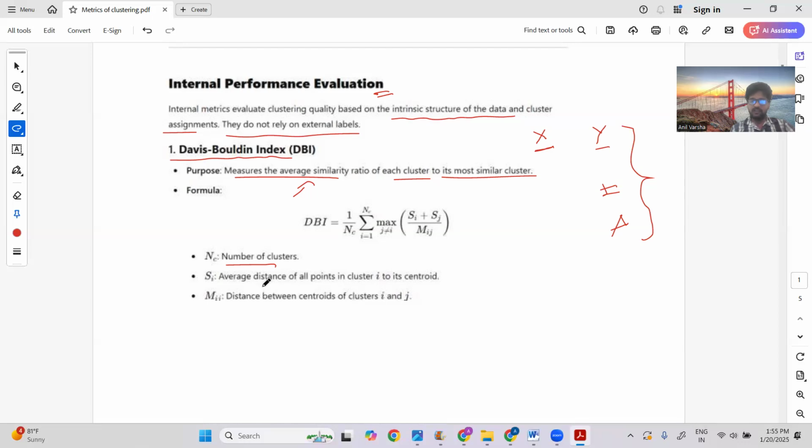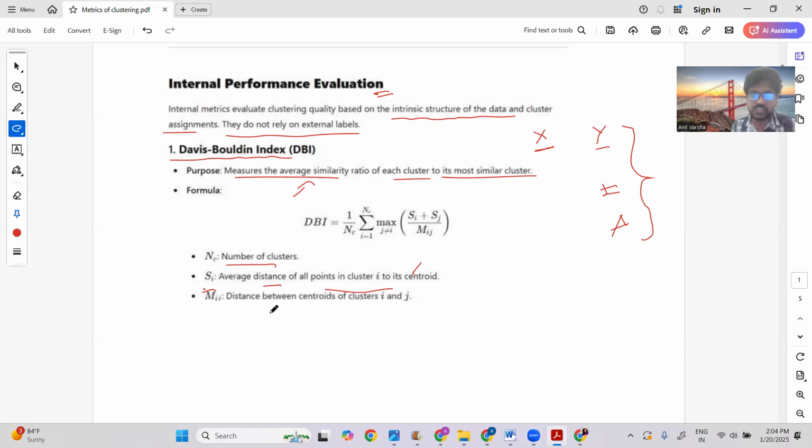What is S_i? S_i stands for the average distance of all points in cluster i to its centroid.